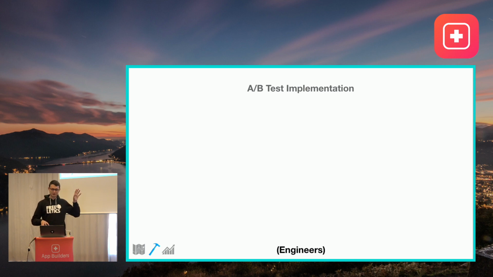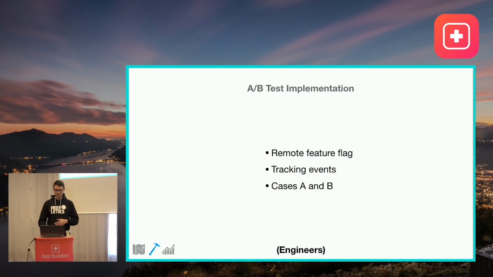Probably these things now will be pretty obvious for people who already run new A/B tests every week, but still. First part is remote feature flag system, that is how you fetch the remote feature flag, how you deal with that, how you test it. Then you have to implement how you track events. And of course, cases A and B of an A/B test.